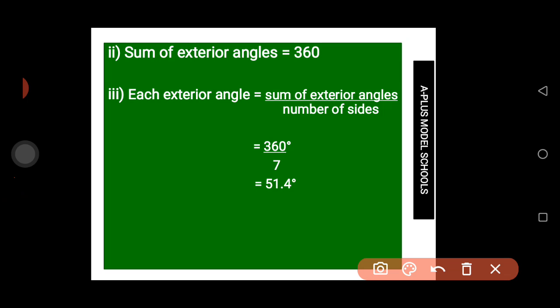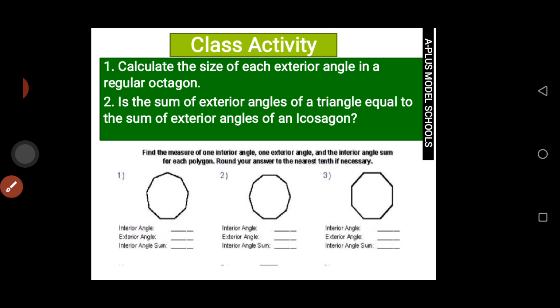So that is the reason why we first look for the name of the polygon and the number of sides the polygon has. So with this, you should be able to answer any question on polygons.